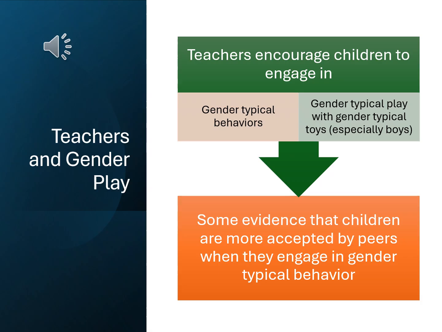As I've been noting in the last few slides, adults matter in terms of children's gender behaviors, gender interests, gender-related play, and many of the differences that we see have nothing to do with innate differences between boys and girls. There are honestly very few innate differences between boys and girls, but there are many developed differences between boys and girls.